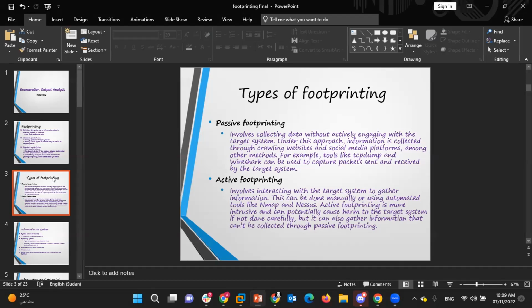So mainly he will try to collect some data passively and then use this data to establish a live communication between him and this organization, making a social engineering attack by contacting anyone from this organization. So social engineering is a real example of active footprinting.